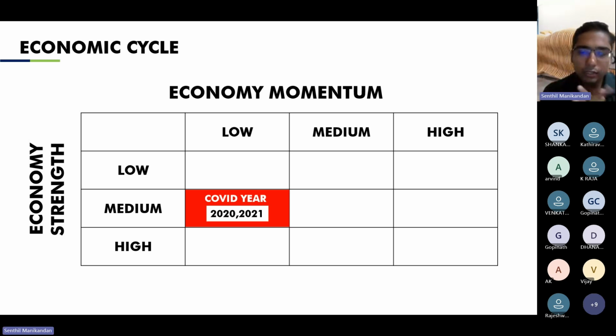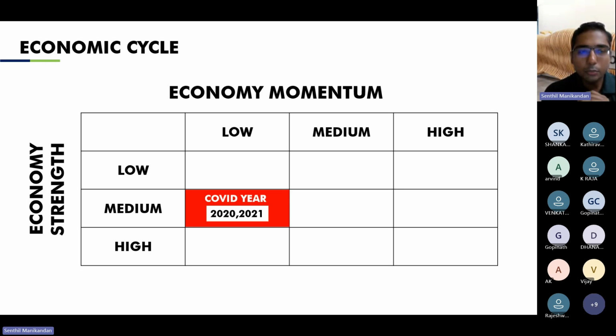During the COVID years, 2020 and 2021, economy momentum was tremendously curtailed because most businesses were working in a limited scope because of government restrictions. So economy momentum was very low in the initial years, the COVID first wave and second wave.